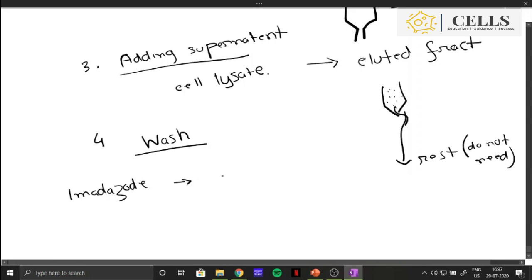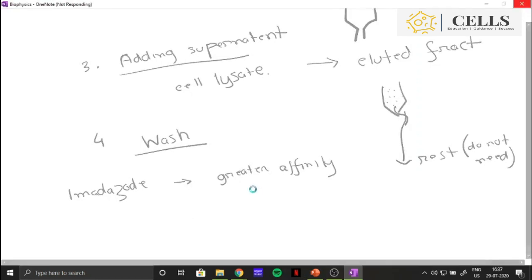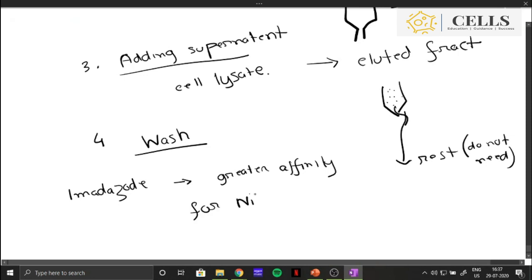Imidazole is a compound that has a greater affinity for nickel, Ni2+. So when imidazole comes, it removes your protein, and you can get that protein as an elution fraction.